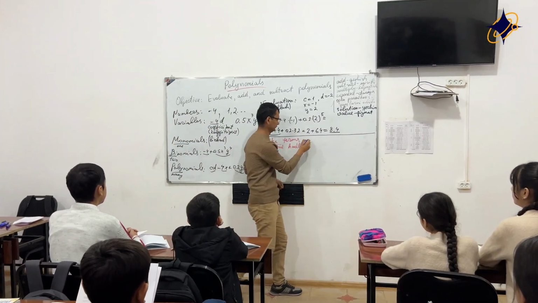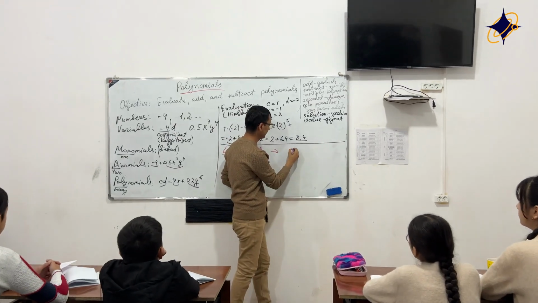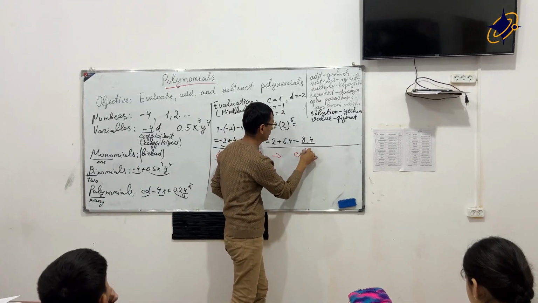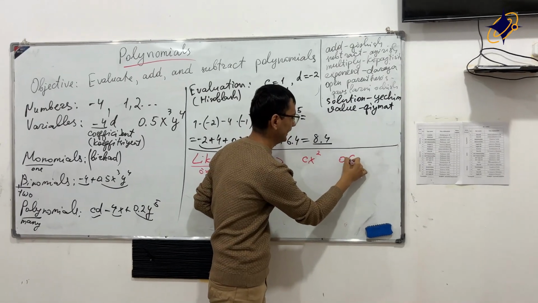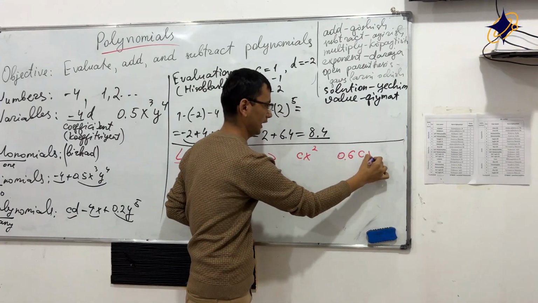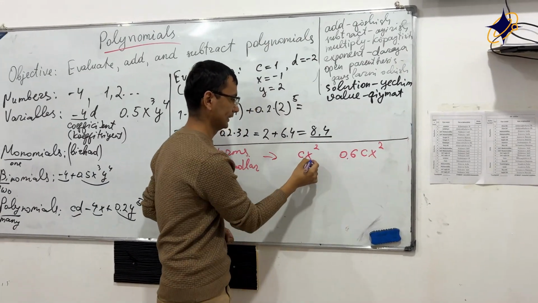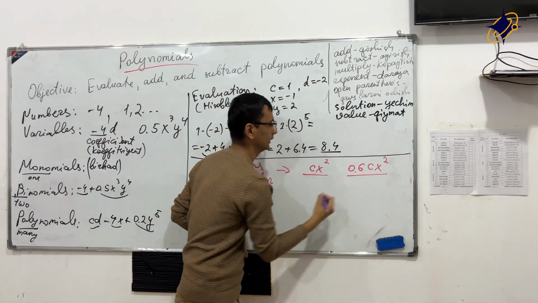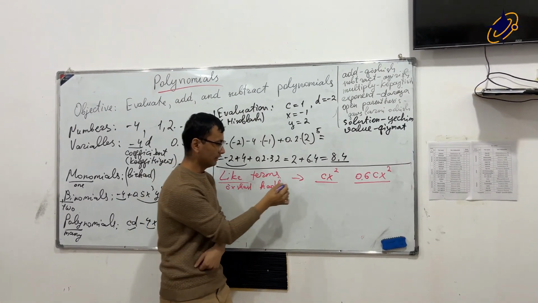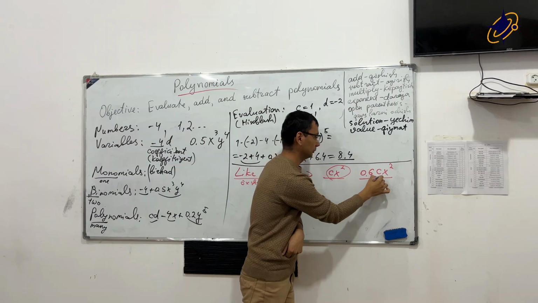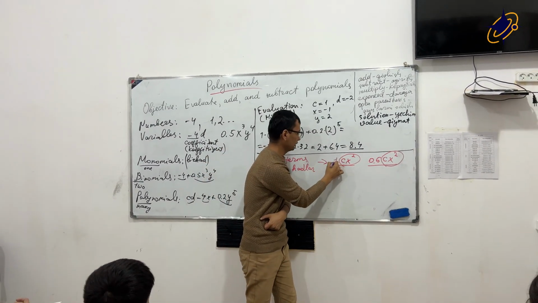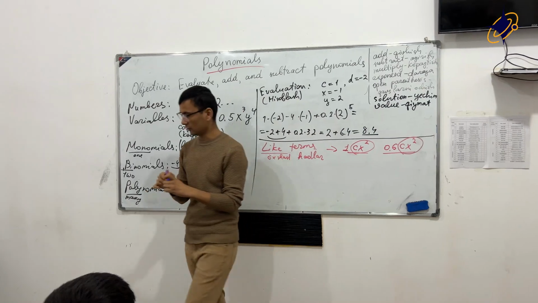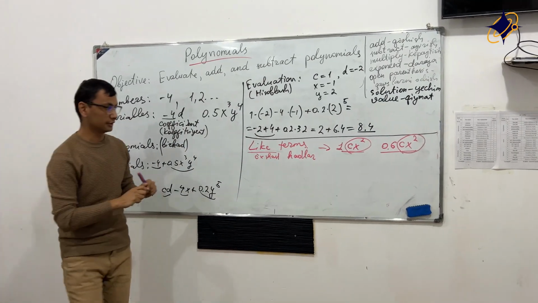For example, cx exponent of 2 and 0.6 cx exponent of 2. These are called like terms. The variable is the same, and the coefficients are different.